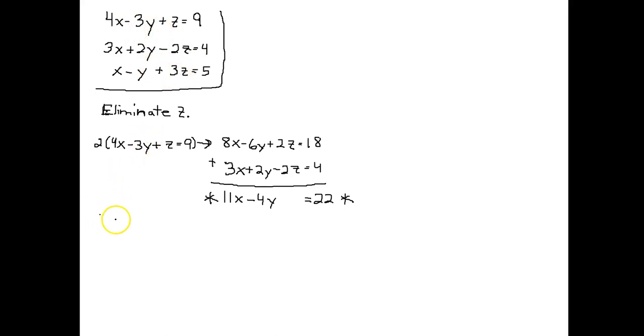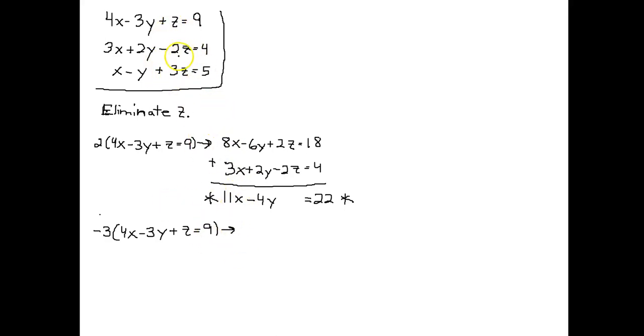So I'm going to take that first equation and multiply it by -3. As long as you use one of the two equations you just worked with plus that third new equation you haven't worked with yet. I'm going to pick this one because all I have to do is multiply this by -3, and then that'll be opposite of the +3 there.